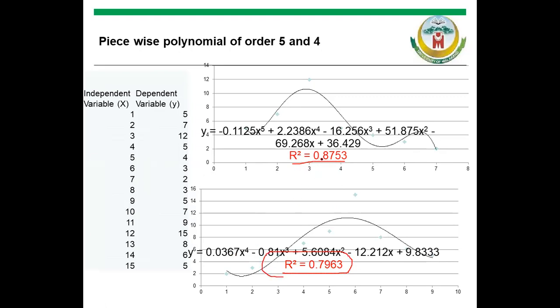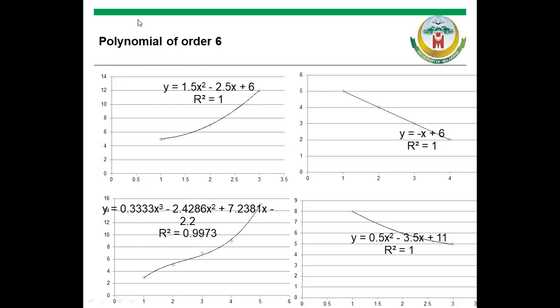This one is of order 4, and this one is of order 5. So when I divide the single function into two splines, I get a comparatively simple function with better accuracy.